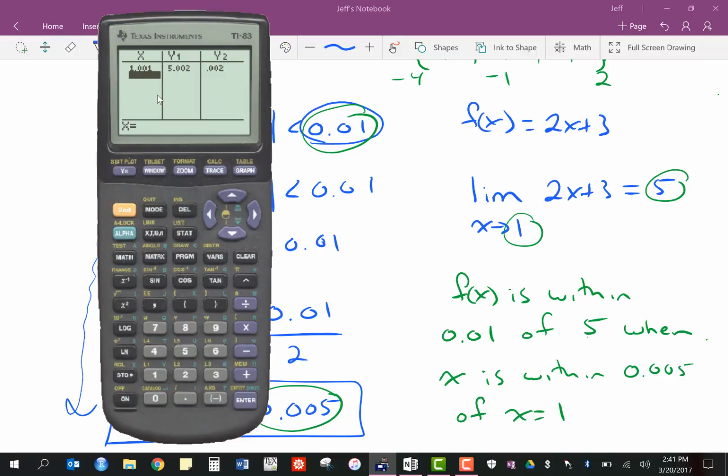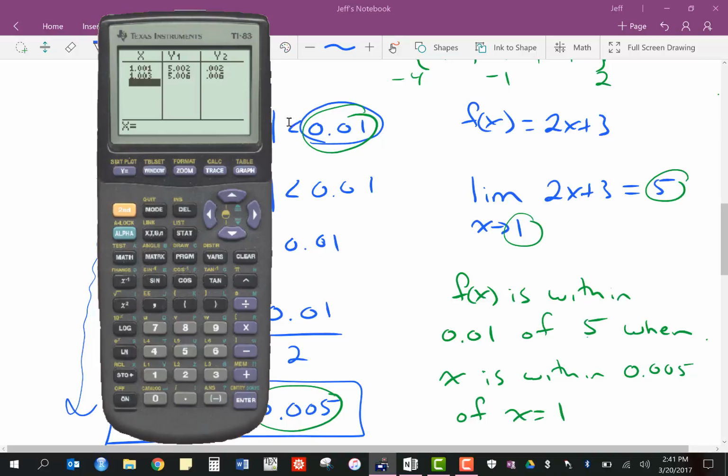So for these values that I'm plugging in, what I'm going to say is that if my x value is within this distance, 0.005, then the y value, or this absolute value in the difference, will be smaller than that tolerance that you gave me. So if I did 1.003, that's within the tolerance. I get an error of 0.006.